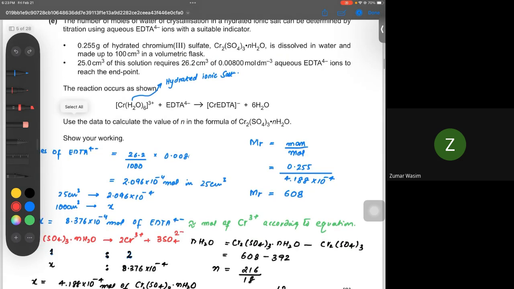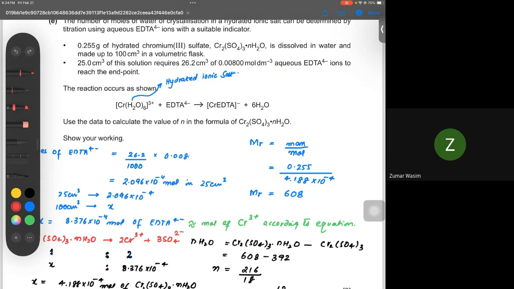So if 25 cm cube contains this many moles, how many moles would be present if I have 100 cm cube of solution? I have just cross multiplied and I got this value.